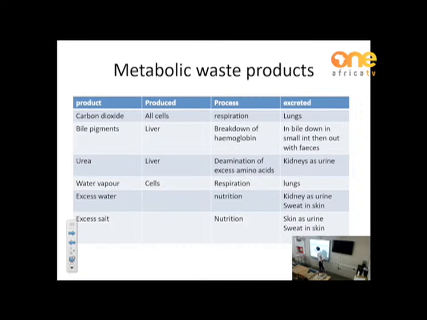Urea, liver, deamination of excess amino acids. The moment when you talk about deamination, you always add the words excess amino acids. What is deamination? Excess amino acids remove the amino group, form ammonia, and then urea. We know that one. I hope you can remember. And it will be excreted as urine.